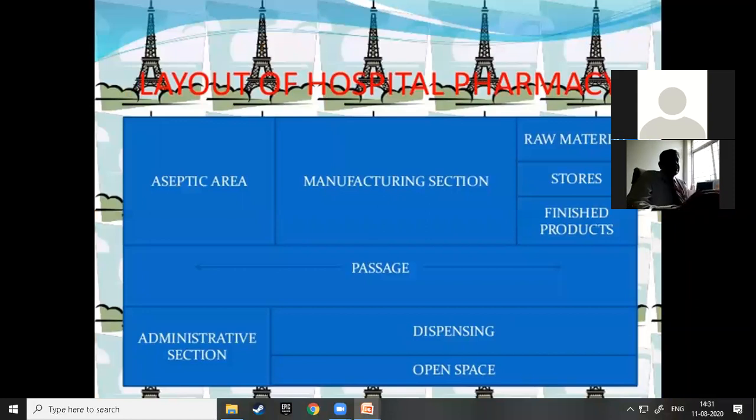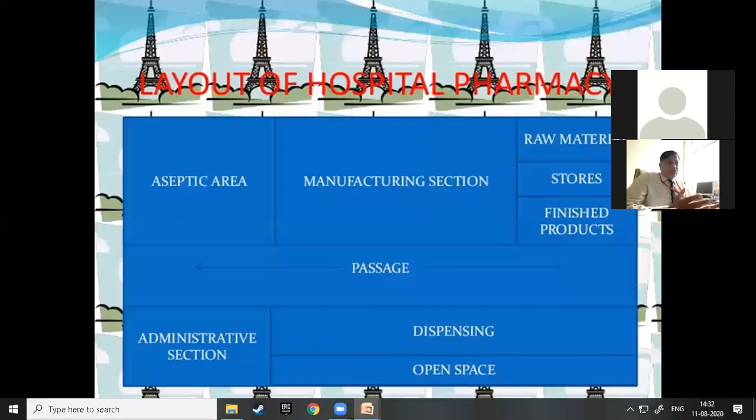Now this is a layout of a hospital pharmacy. You can see this layout, and if you have pen and paper, then draw this diagram, because sometimes they directly ask in the exam: draw the layout of a hospital pharmacy.